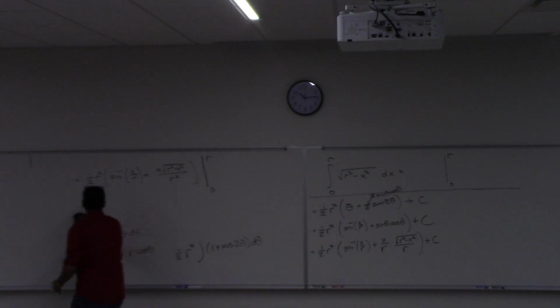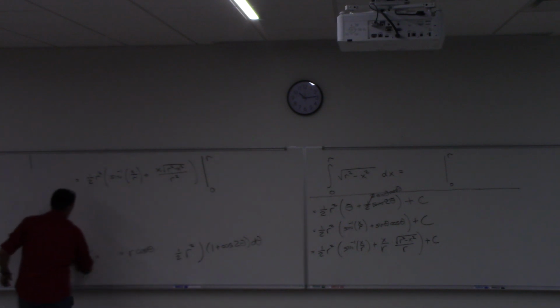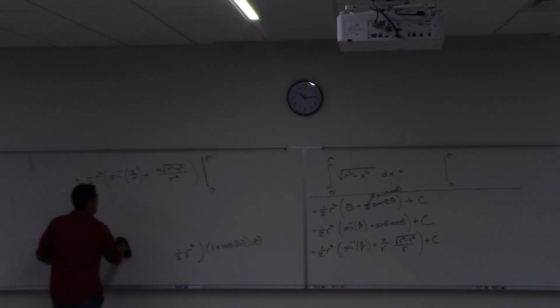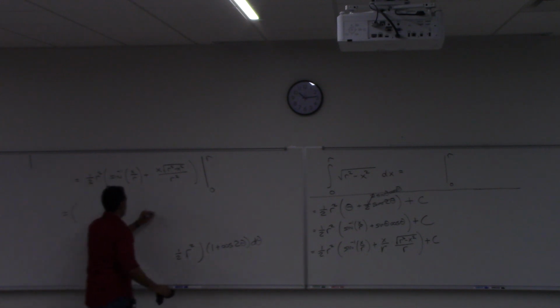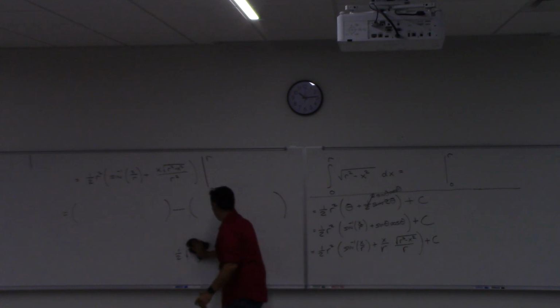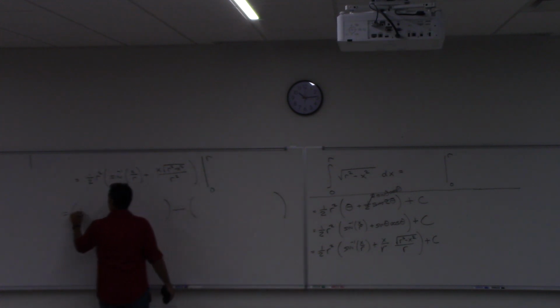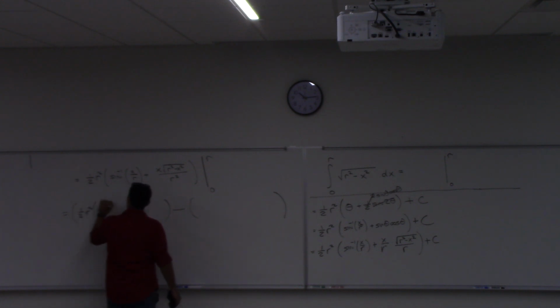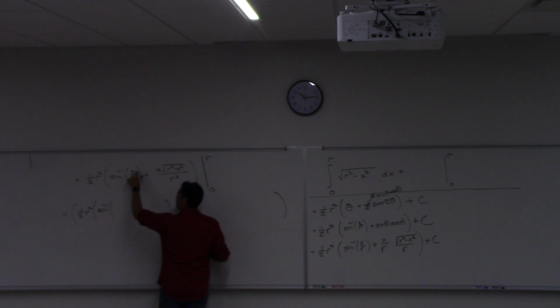So now I've got to plug in, right? What gets plugged in first? R, right? So this equals, I'm going to plug in r and subtract what I get when I plug in 0. All right, let's plug in r. 1/2 r squared sine inverse of what? R over r, right?